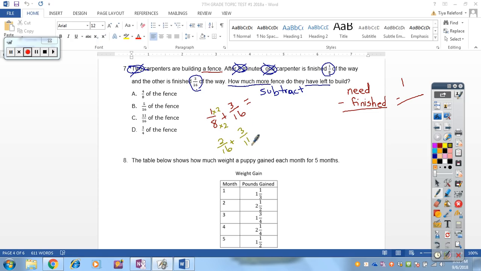Times 2. If you did not change this 1 into a 2, you already got it wrong. Don't forget that numerator. So now I have one fence, and they've finished 5/16 of the fence. So how much do they have left?